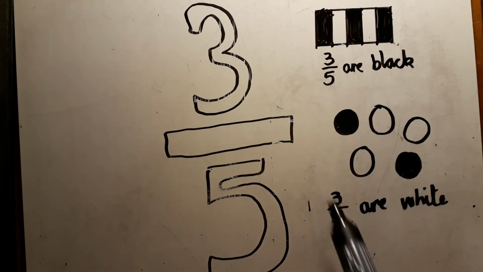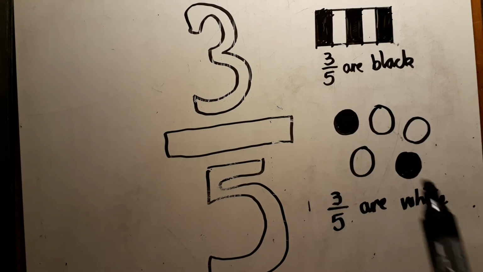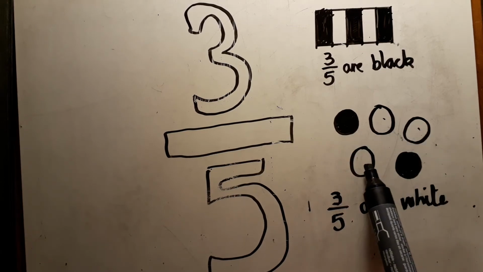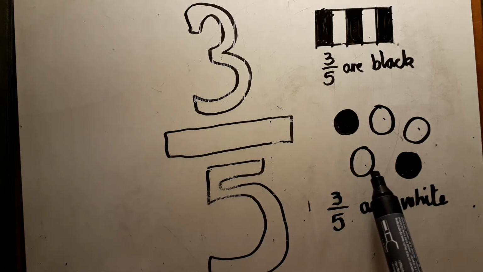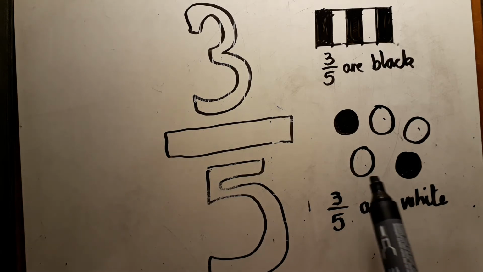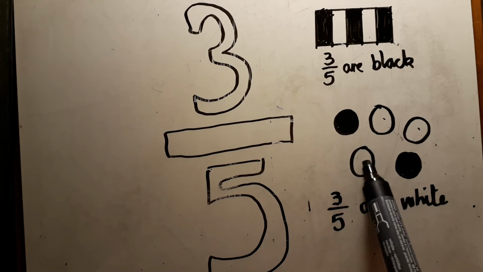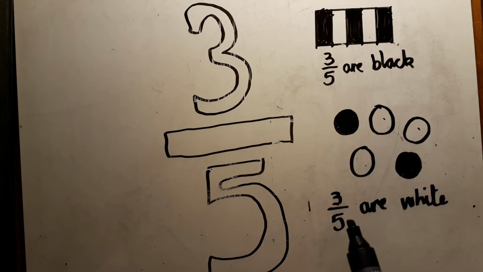And then in our second model, we have 1, 2, 3, 4, 5 counters, and 1, 2, 3 of them are white. So 3/5 are white.